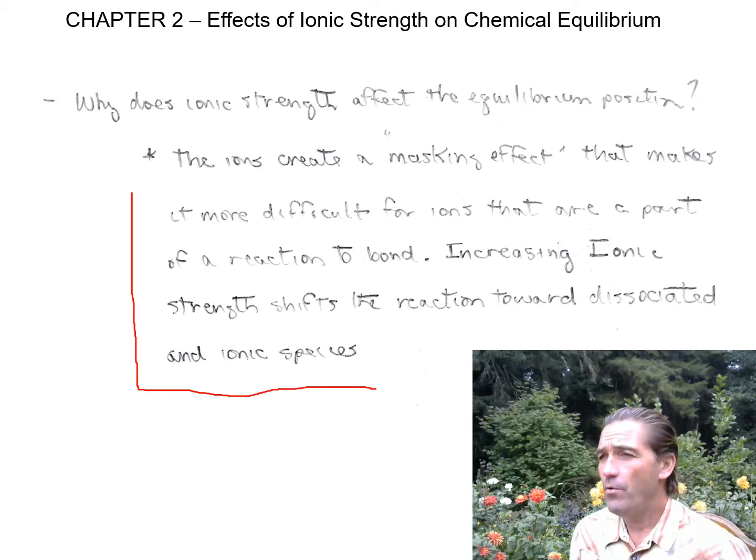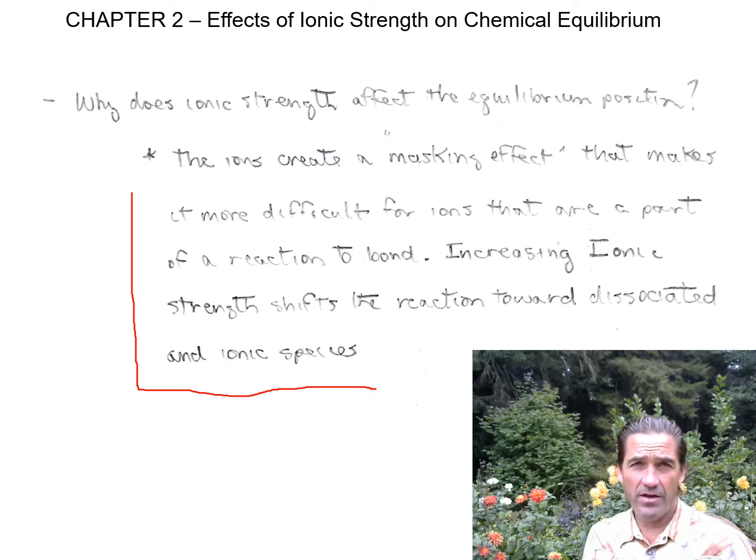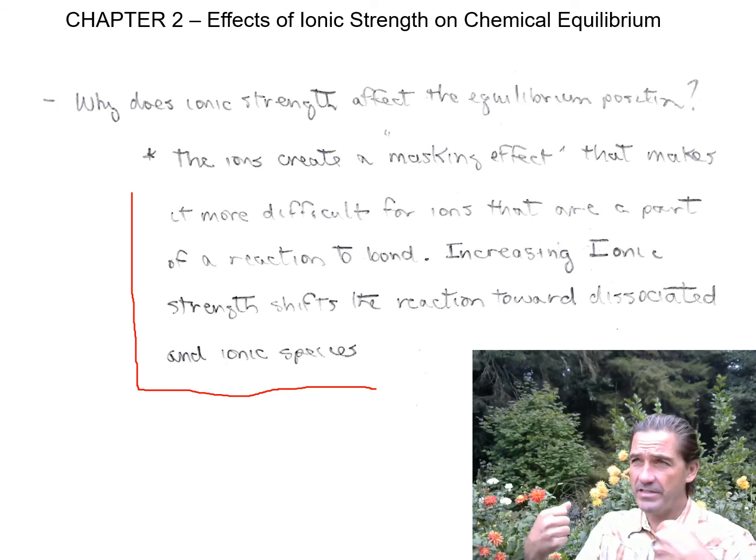But what we can say is that these ions create this masking effect that makes it more difficult for ions that are actually participating in the equilibrium. It makes them harder to actually come back together.